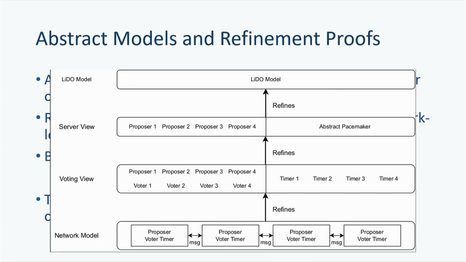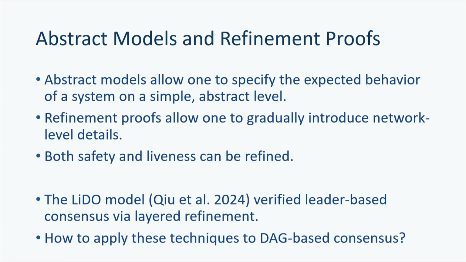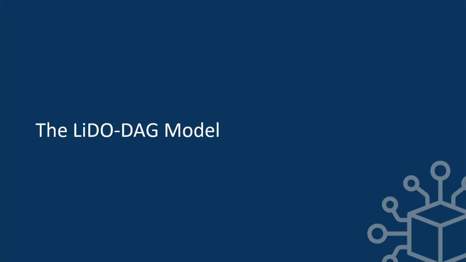In the third layer, we add in the voter and the timer state, and finally, we reach the network state. So can we apply similar techniques to DAG-based consensus? Our answer is yes, which leads us to the core contribution of this work, which is the LiDO-DAG model.